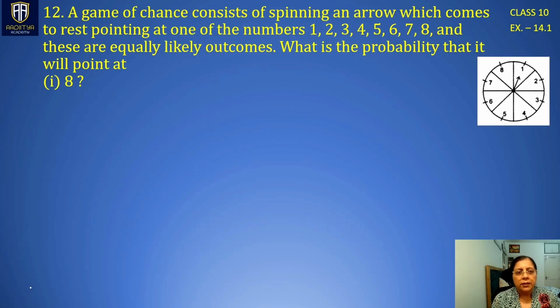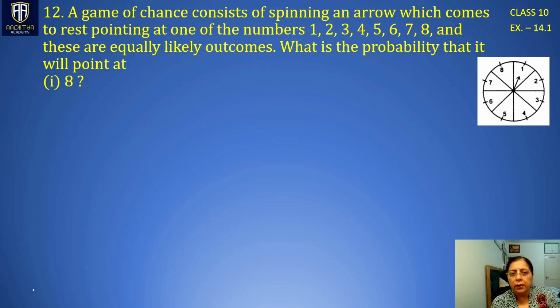Okay, now the next question is around this running wheel. A game of chance consists of spinning an arrow which comes to rest pointing at one of the numbers from 1 to 8, and these are equally likely outcomes, right? So that means the area divided on this picture, this is made on a circle, and the circle has been divided into 8 equal parts.